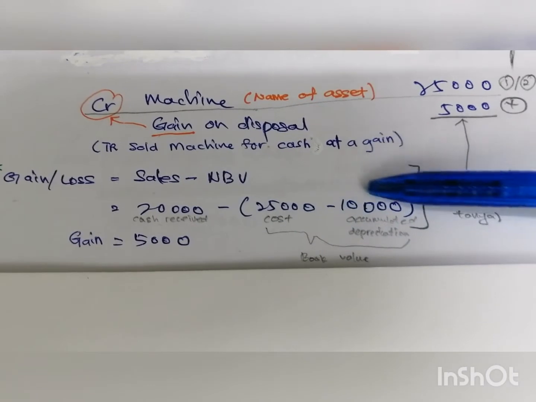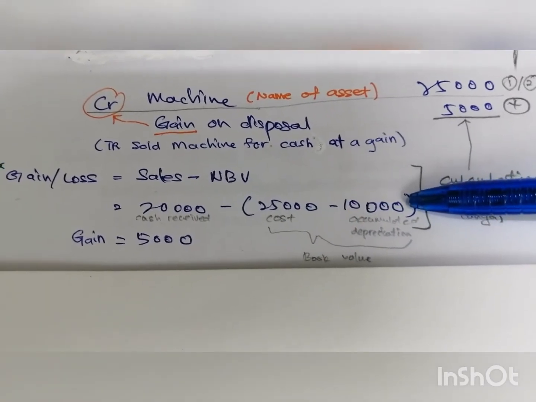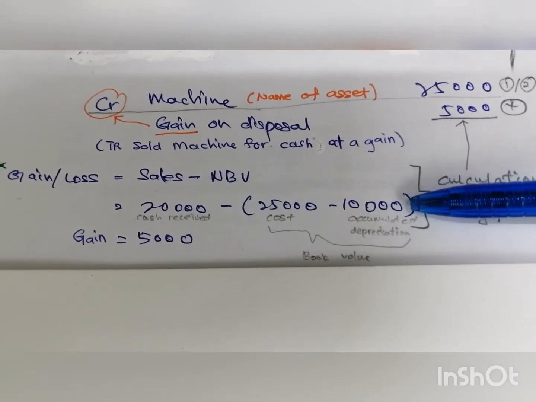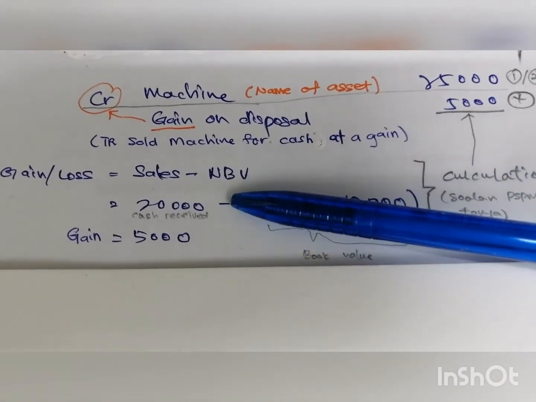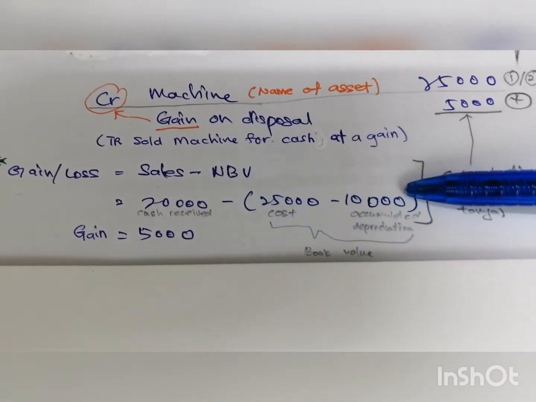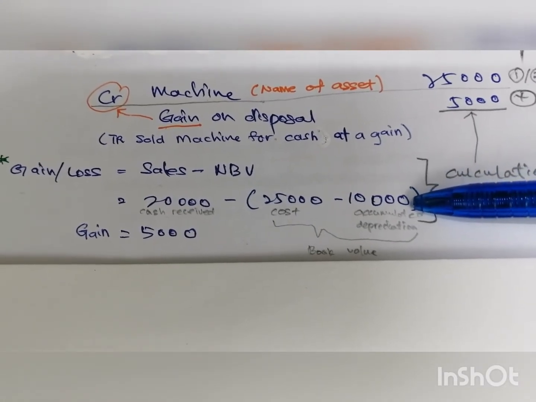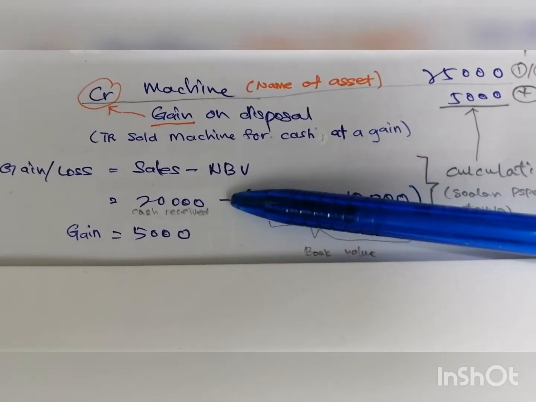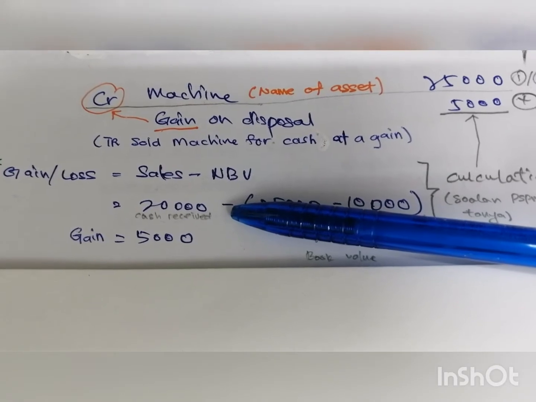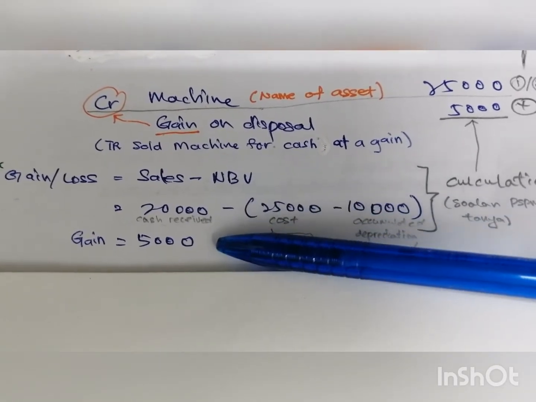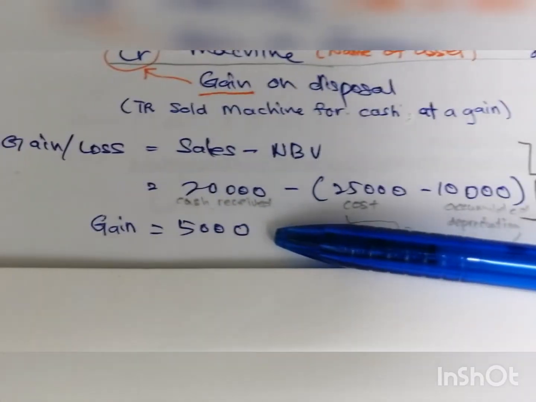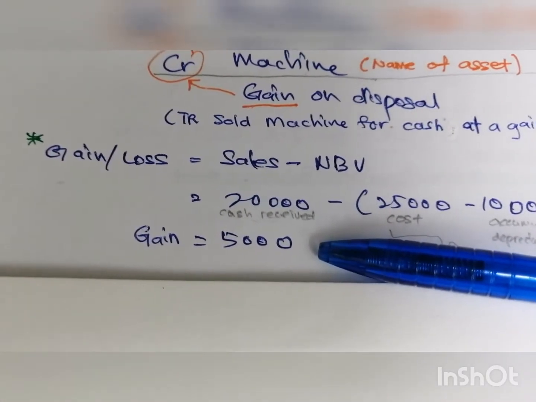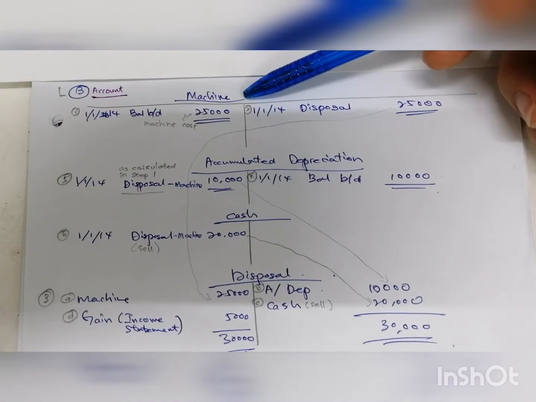So this is considered the net book value. You can see here the net book value is 15,000, lesser than cash received 20,000. So the difference is 5,000. So the 5,000 here is a gain of disposal of the machine.